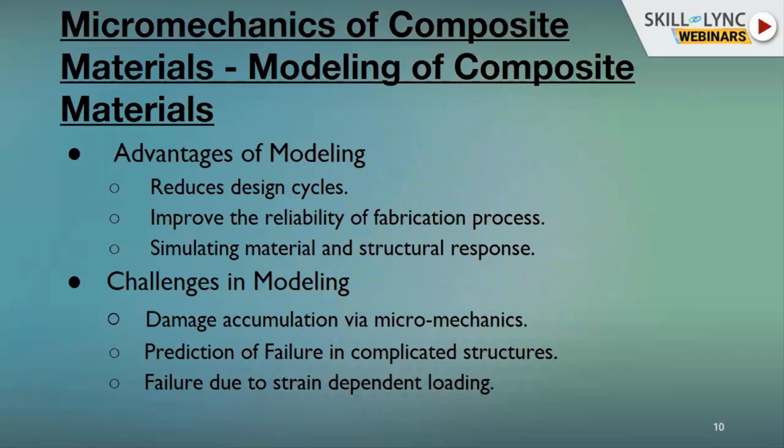So when you do a modeling activity, those uncertainties are removed at initial stages, whereas at the final stages, good quality control will give you control over the fabrication process. But at the initial design cycle, modeling will help you in improving the reliability.